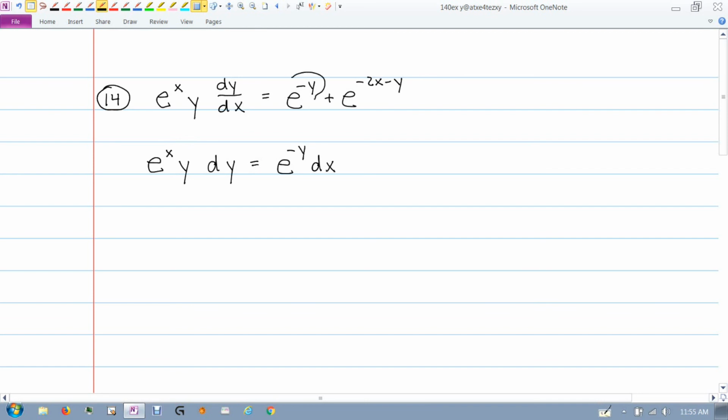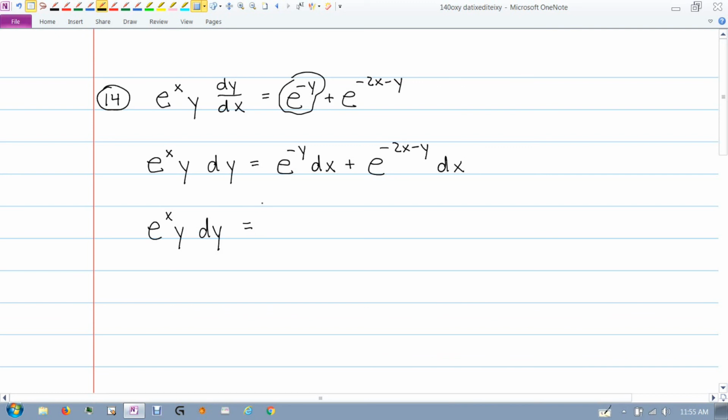So this term gets hit with the dx, and then the next term gets hit with the dx. Okay, next thing I'm going to do, this is going to look kind of weird, but I'm just going to rewrite this.